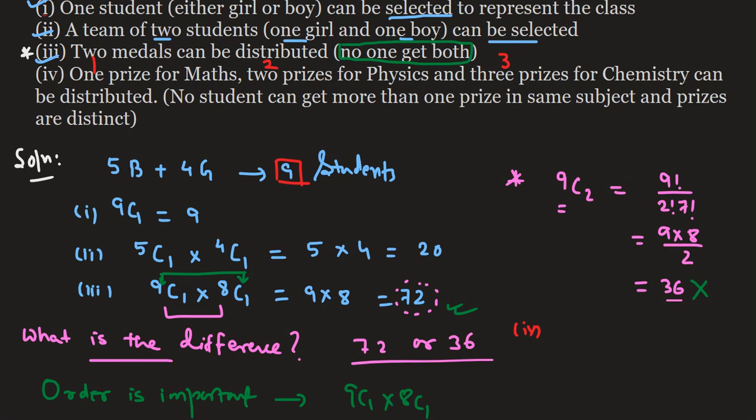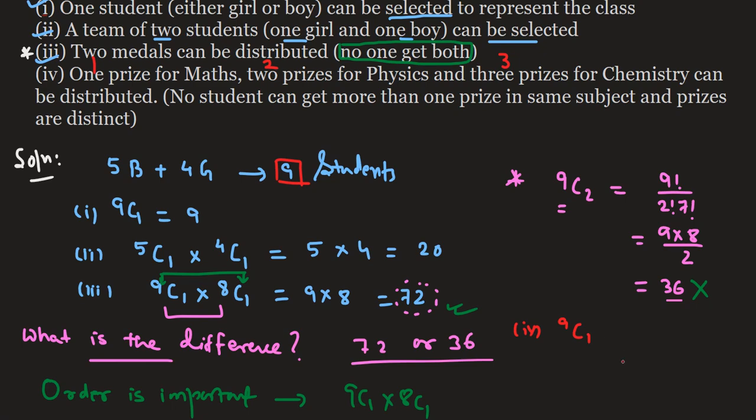So first of all my target is to distribute the 1 maths book. How many options do I have? I have only 9 options. So first I take any one student and I give that student the book. Now again I stand all these students in a row. I tell them, please all of you make a queue.